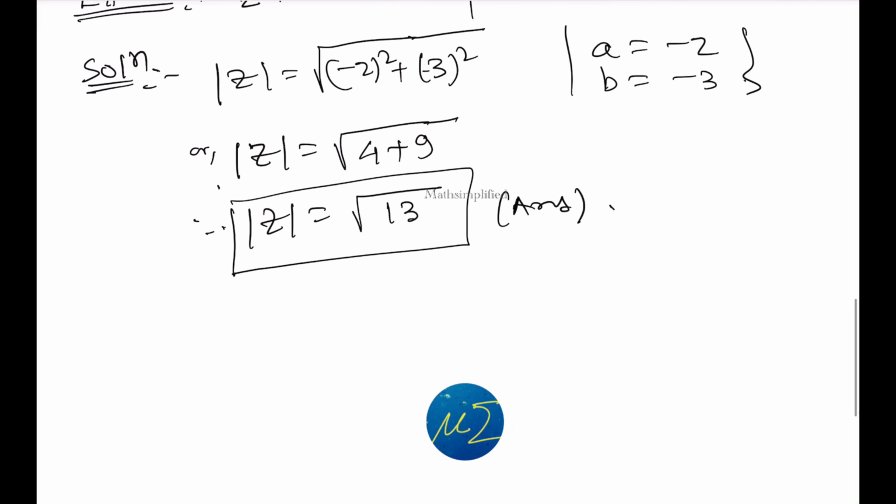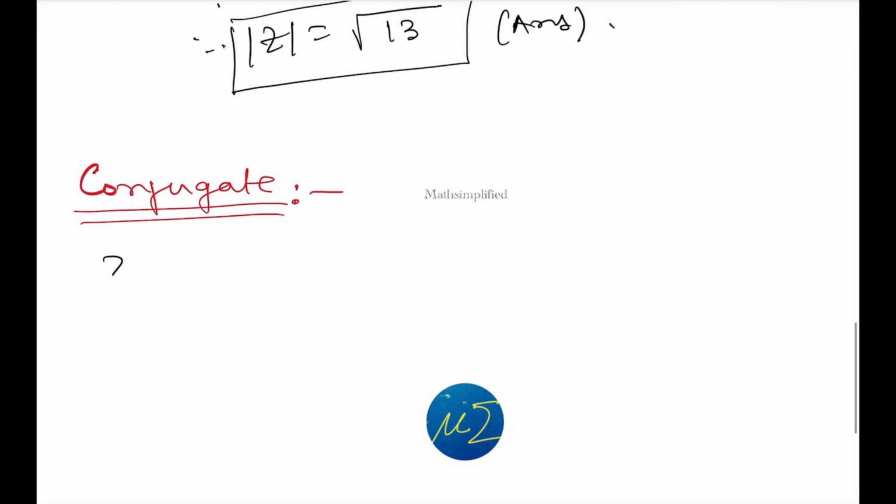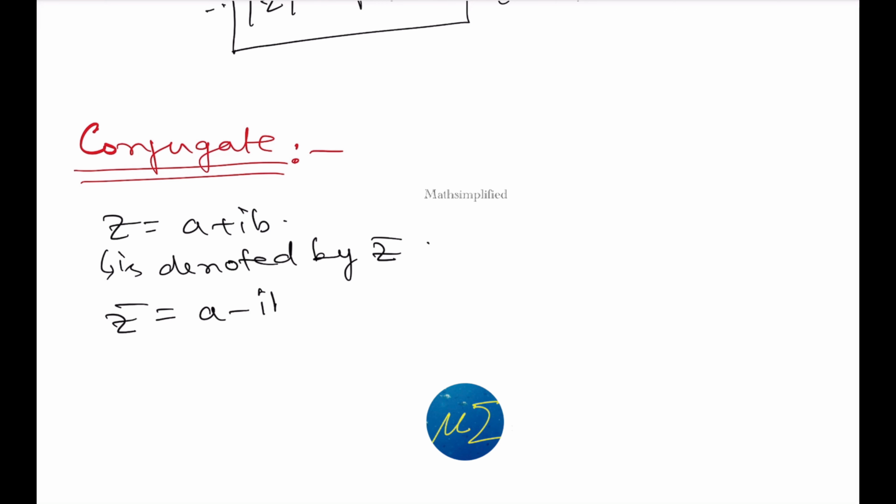Now I am calculating the conjugate of a complex number. We know that the complex number z equals a plus ib. Its conjugate is denoted by z bar. Therefore its conjugate will be z bar equals a minus ib.